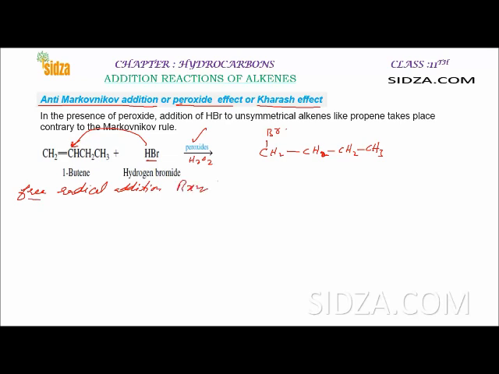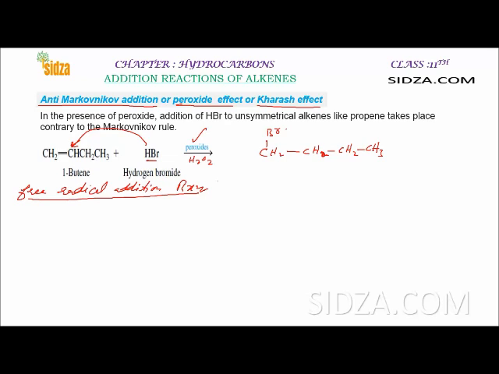In our last video we learned that when HBr in the absence of a peroxide adds across a double bond, the addition is an electrophilic addition reaction. But now the mechanism is different. It's not electrophilic addition, rather it is a free radical addition reaction.